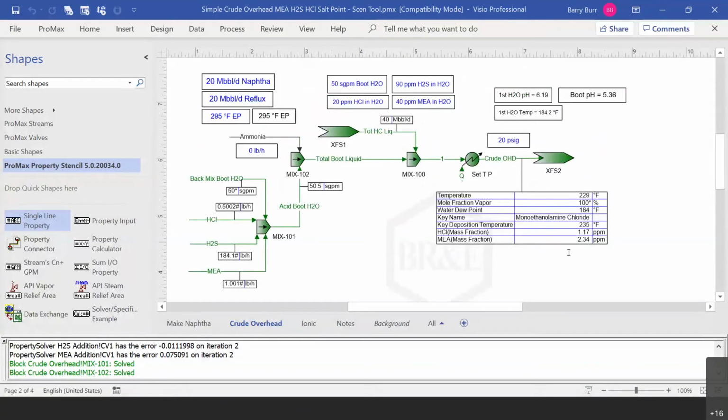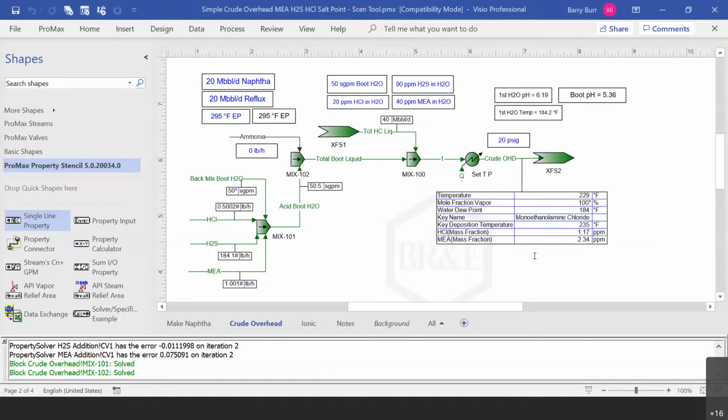if ammonia is used as a neutralizer, how does it interact with these other components is a good question. In the case that I'm showing right now, MEA is the neutralizer, but you could have MEA and ammonia appear in the boot water.